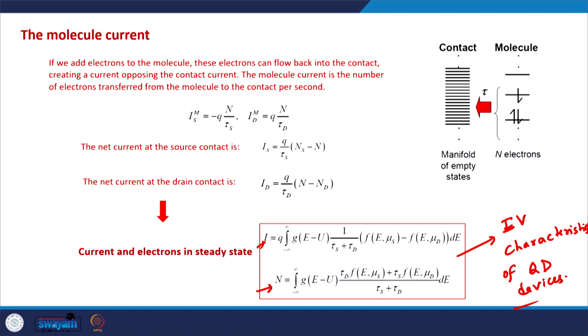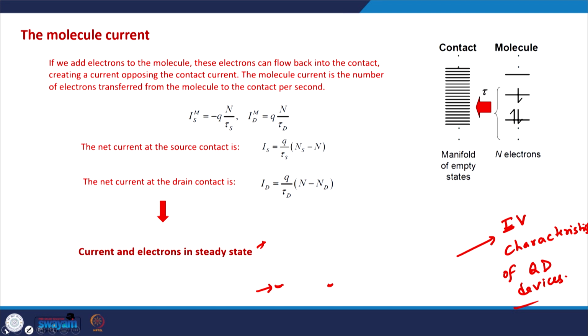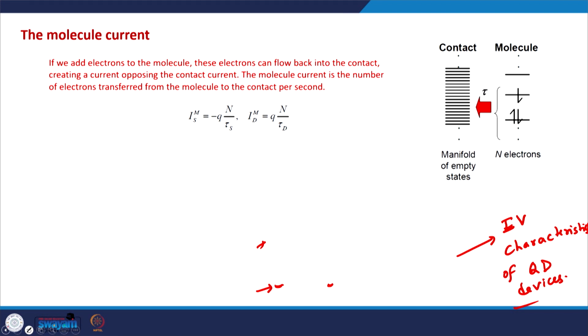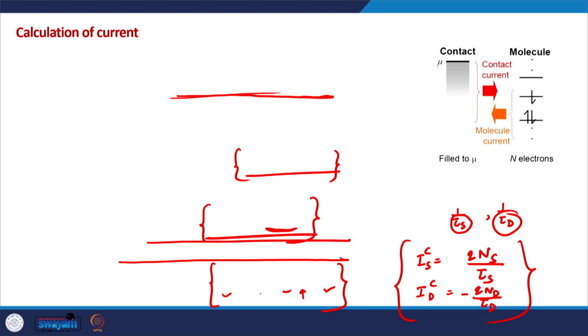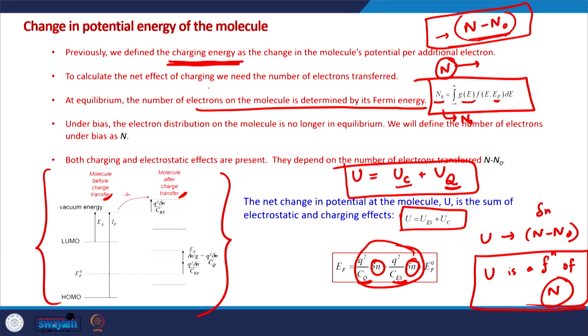But if you have a careful look at these equations, there is a catch, and the catch is that n, which is the number of electrons, depends on u, because the density of states depends on u, and u in turn depends on n. To quickly review, the change in potential u is a function of n.